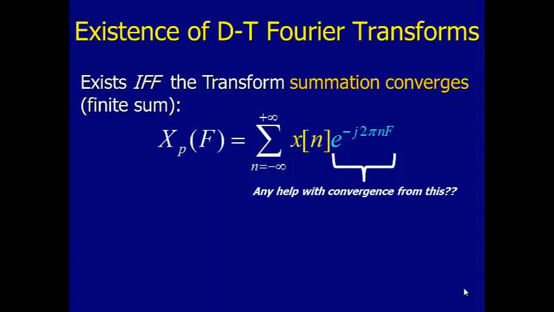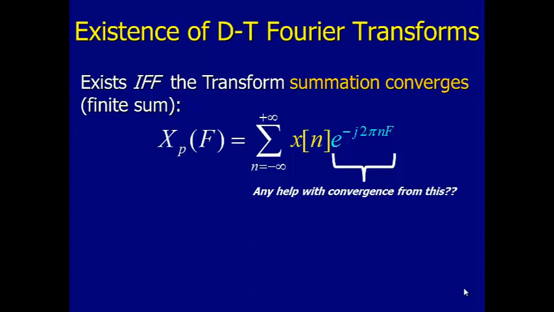And is this e to the minus j 2 pi n F, as a function, going to help me converge? Is that like a decreasing function that's going to help push x of n down? Because remember, with Laplace transforms, we added an exponential in there to try to force things to converge, and then we had this cool region of convergence thing, and that made Laplace more powerful than Fourier.